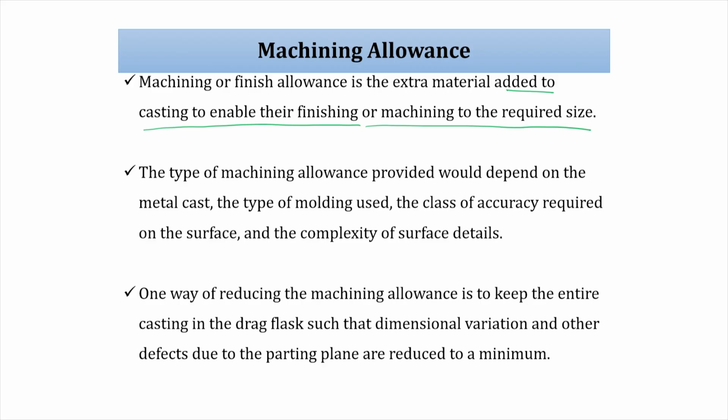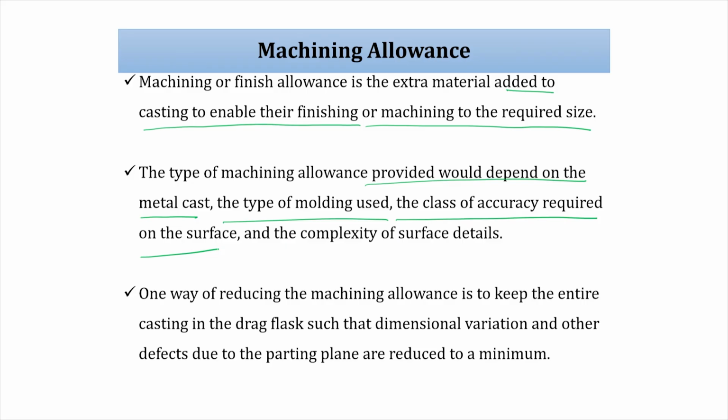The type of machining allowance provided depends on which metal you are going to cast, the type of molding used, which type of sand, and which method you are using. Like investment casting, because the patterns are made of wax, they are very smooth and accuracy is very high, so they do not need much machining. Also the class of accuracy required on the surface.